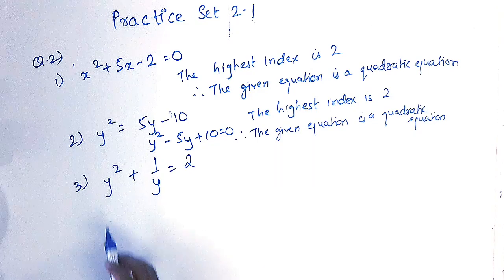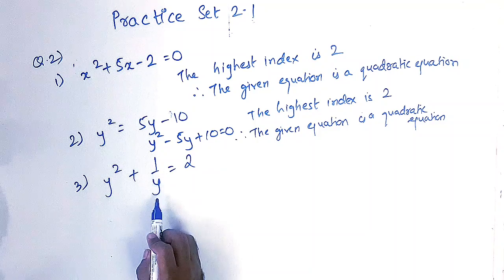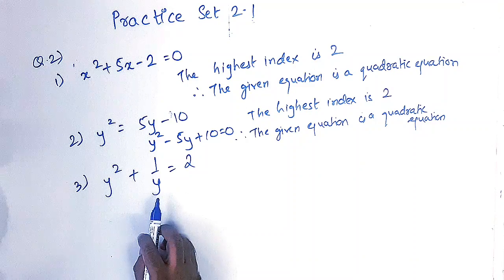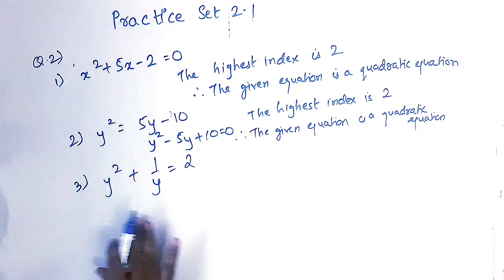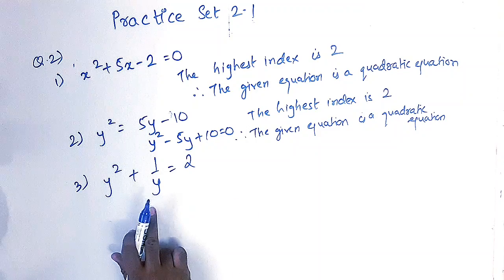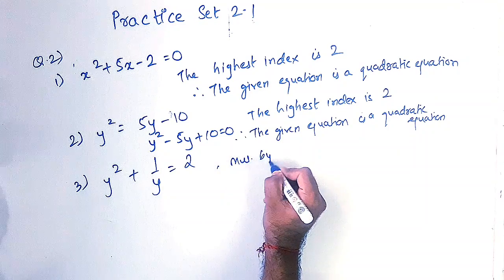Now here you are getting a term in fraction form where y is in the denominator. In such a case, you have to multiply the whole equation by y, because I want to cut y. I don't want y in the denominator.